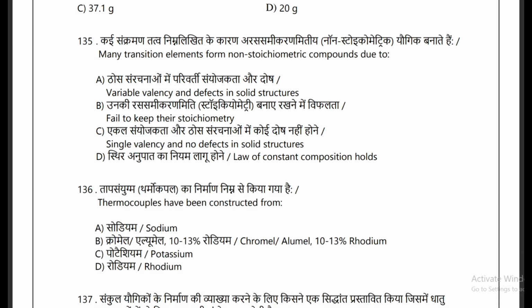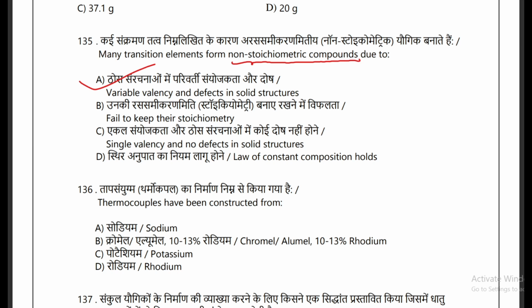In the next question, many transition elements form non-stoichiometric compounds due to. There are four options, and the correct answer is variable valency and defects in solid structures. A option is your correct answer, because many transition elements form non-stoichiometric compounds as they can exhibit variable valencies, meaning they can exist in multiple oxidation states.